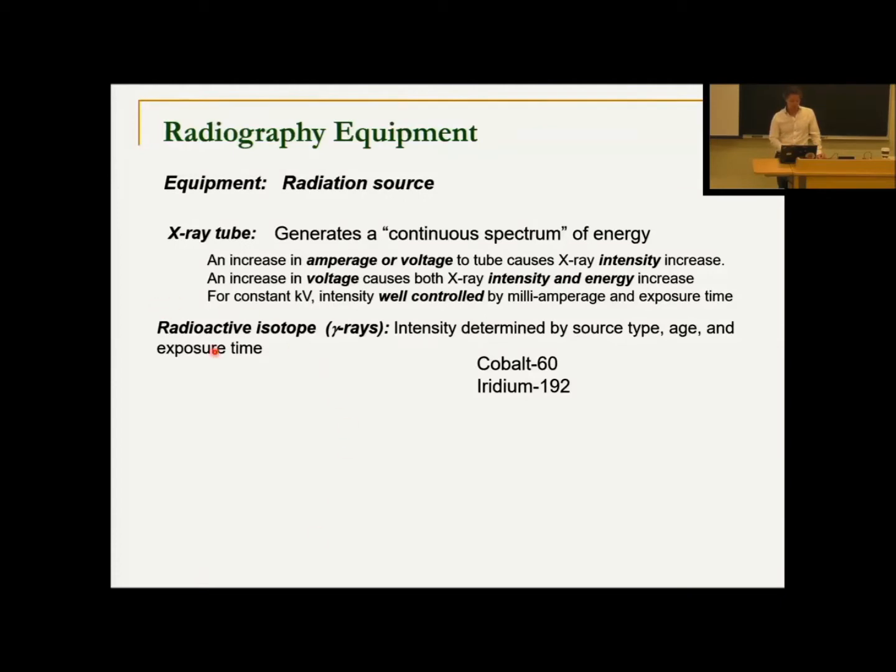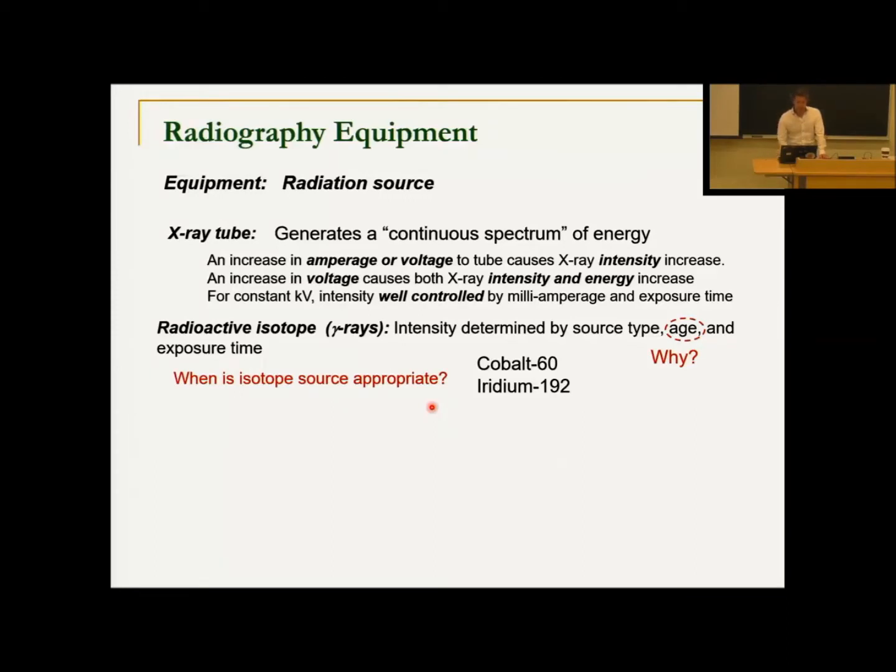But we can also use natural radioactive isotopes to generate gamma rays. And the intensity and energy of that source is determined by the type of the isotope. And of course, in both cases, the exposure time. How long do you expose this material to the penetrating radiation, right? Two common radioactive isotopes that are used for infrastructure are cobalt-60 and iridium-192.